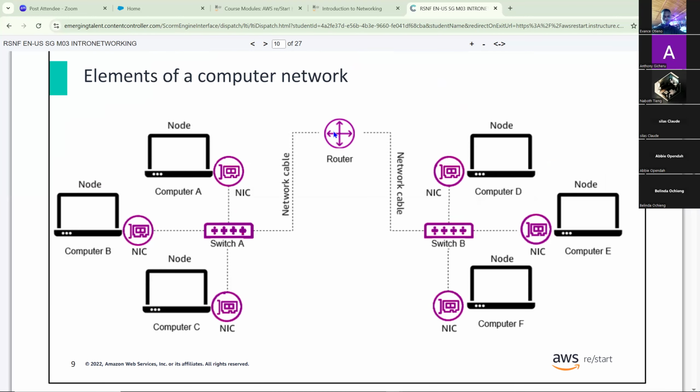Computers A, B, C form network A, then D, E, F form network B with the same things. They all have the NICs. They have switch A for network A and switch B for network B. And now these two switches are connected to the router through network cables.